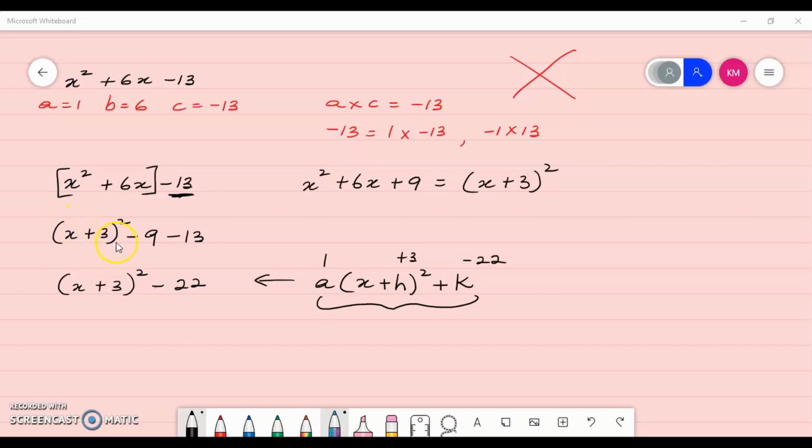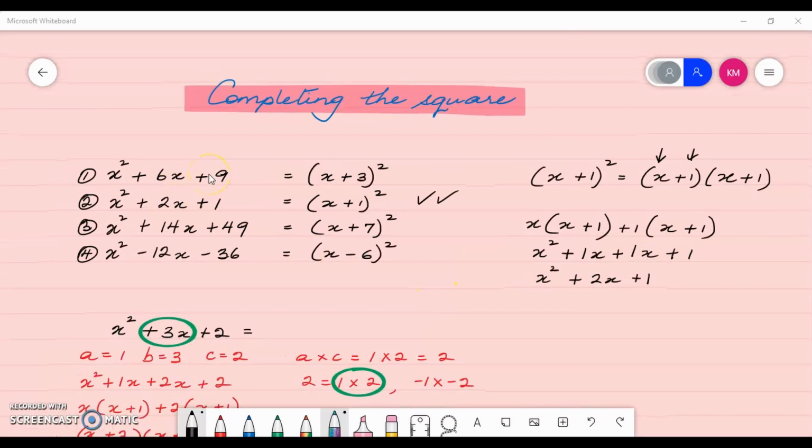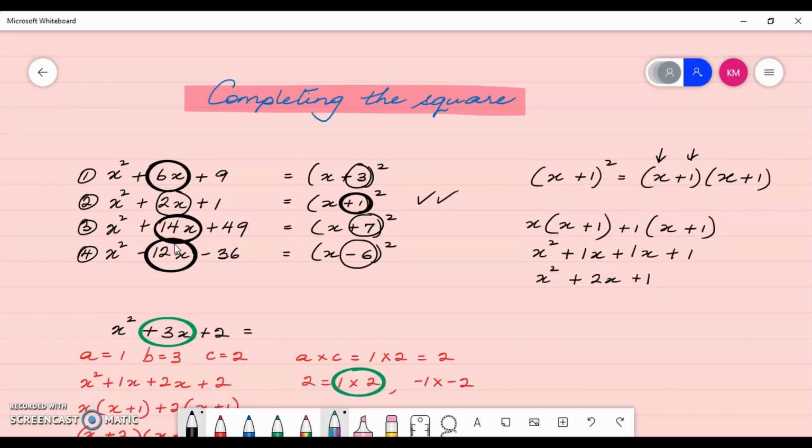Now, how can we easily determine what that square or perfect square is to put here? Let's look back at our quadratic expressions. Now, after examining each one of these quadratic expressions, it can be noted that if we look at our middle term, in each one of these, we can see that in order to derive these, it is simply to find half.